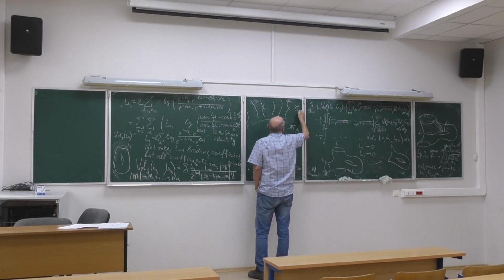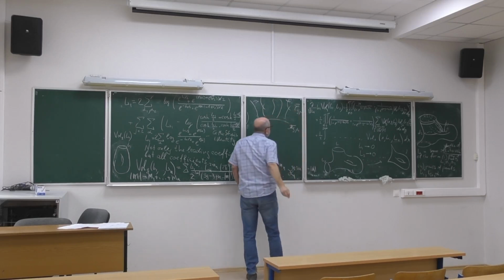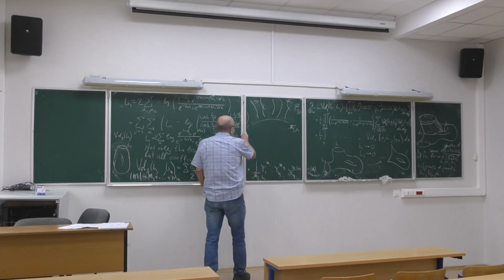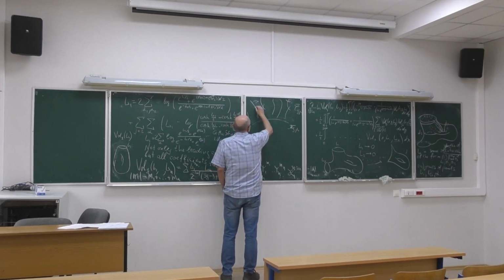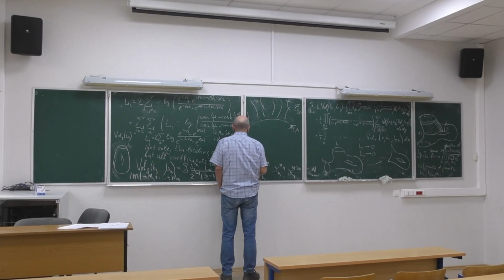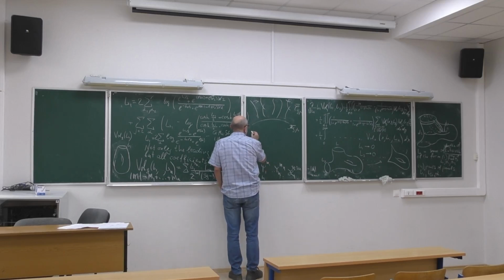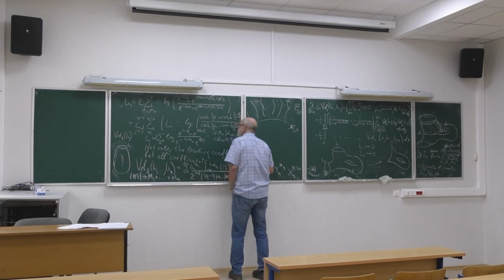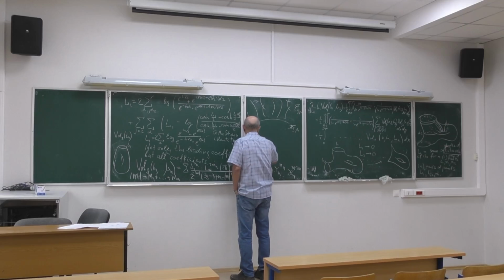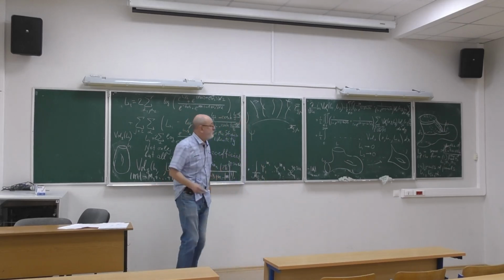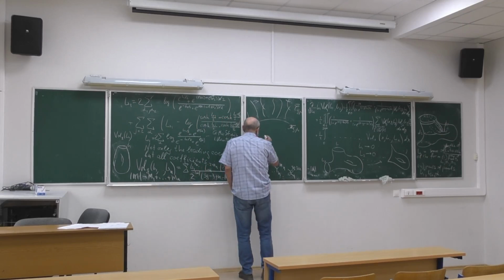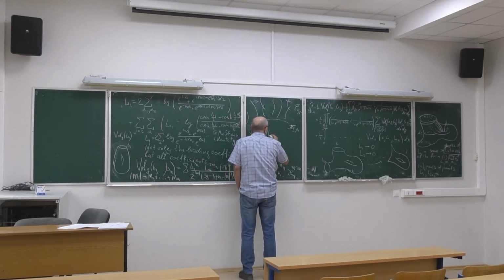This is C_g,n bar, and we have, let me denote by psi, the C1 of the relative cotangent bundle to C_g,n.